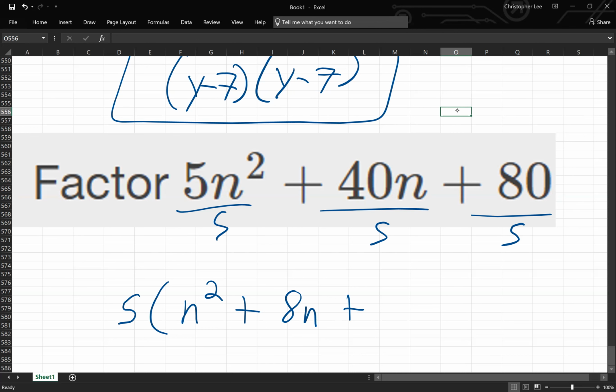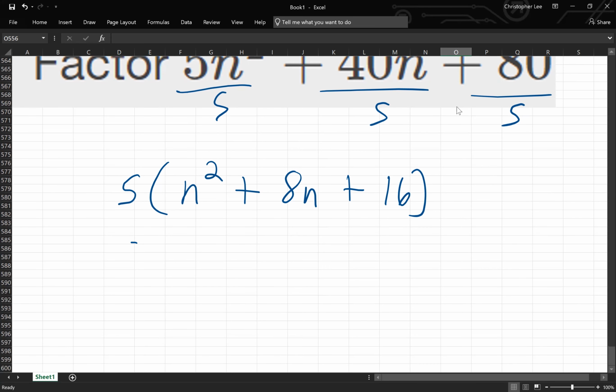What is it? You said 60? Oh, 16. Okay. I trust you. All right. So I need two numbers that multiply to 16 and add up to 8. What are they?